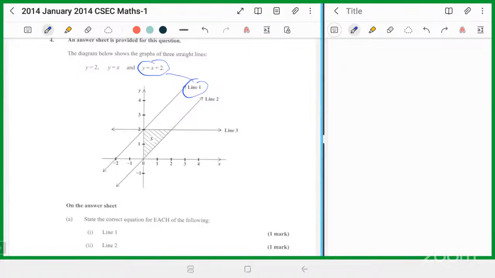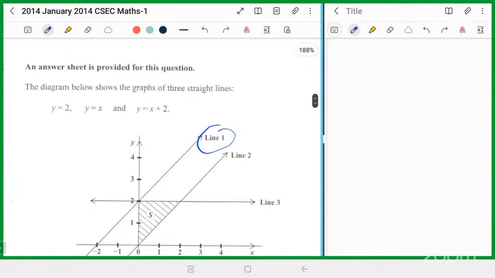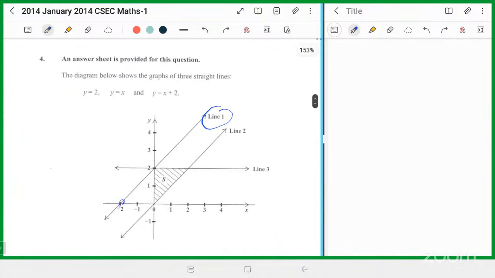Why is that? I see it has a y-axis intercept of 2 right here, and the gradient is 1, because this is 1x. The gradient from this point to this point will have a run of 2 and a rise of 2, 2 over 2, which is equal to 1.